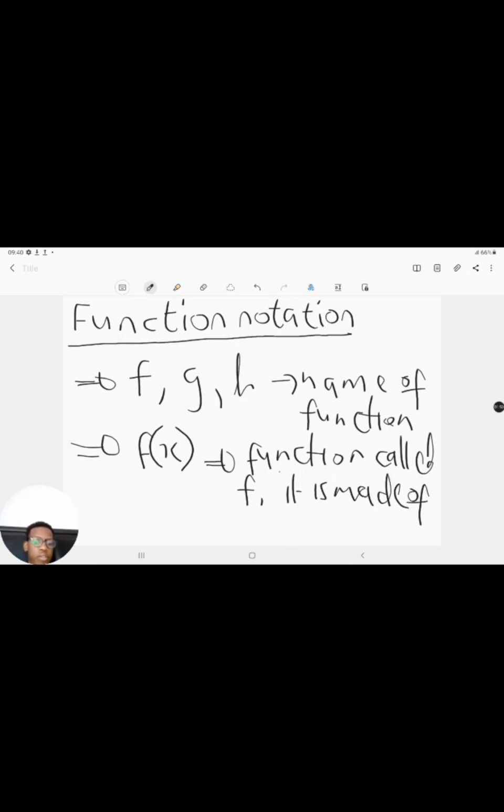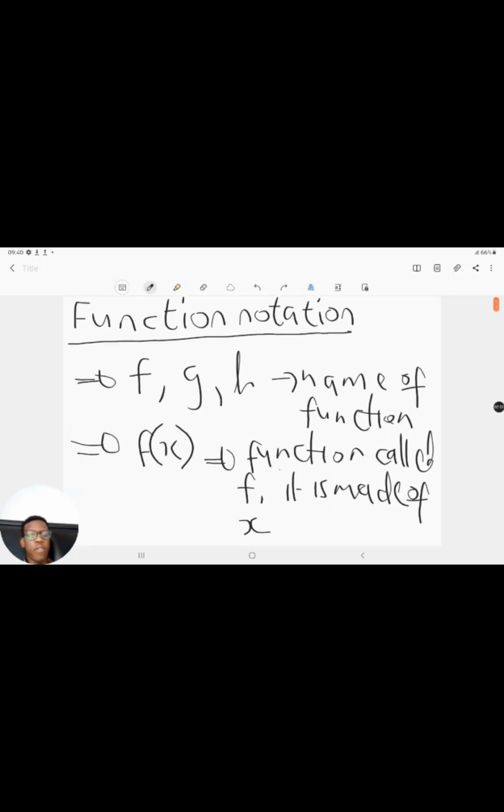It can be f, it can be g, it can be h. Like I said, it can be any letter. These are the three most popular letters used in functions. So the name of the function is f, but then that f is made up of x's.